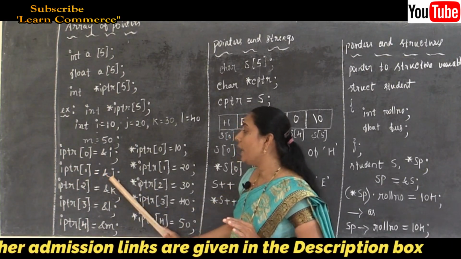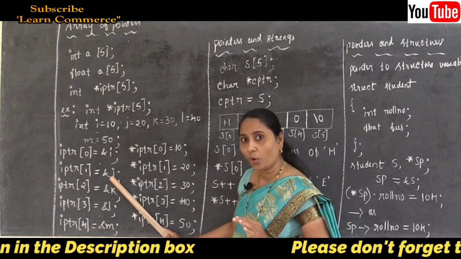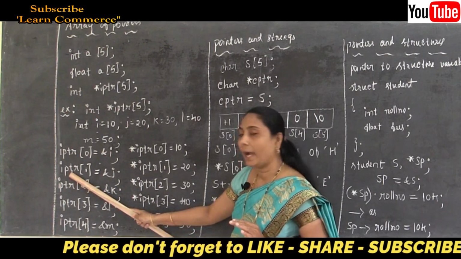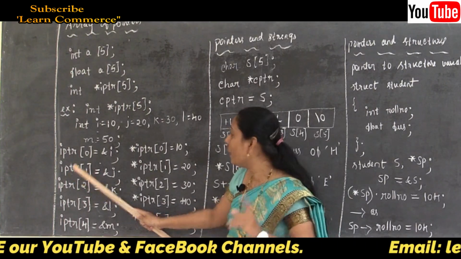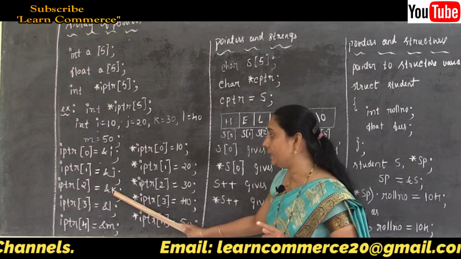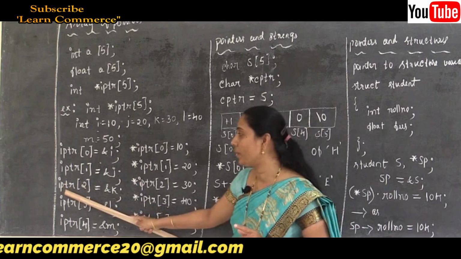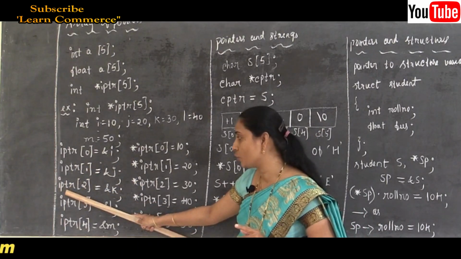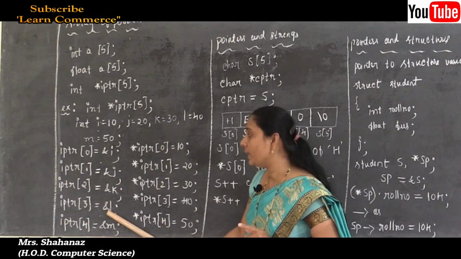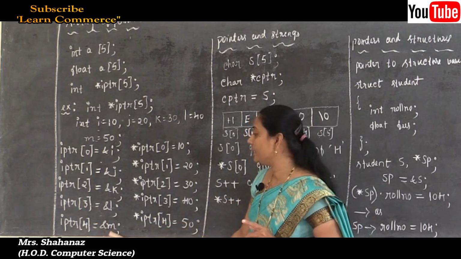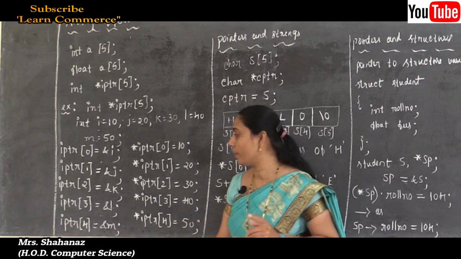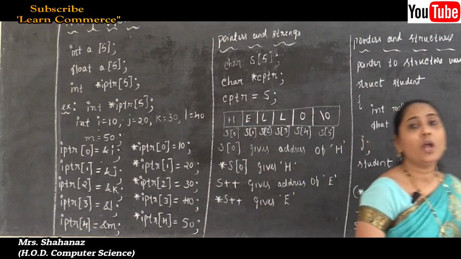The address of k is held by iptr of 2, ampersand l is held by iptr of 3, and ampersand m is held by iptr of 4.